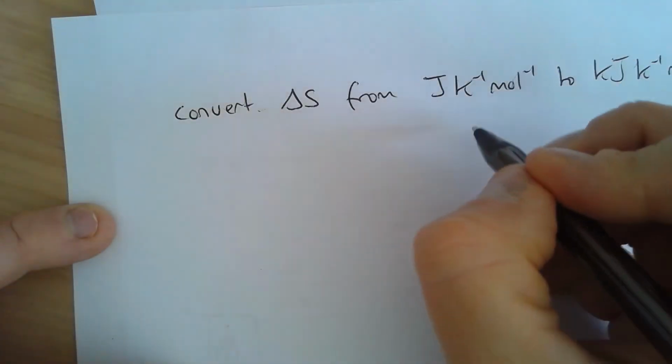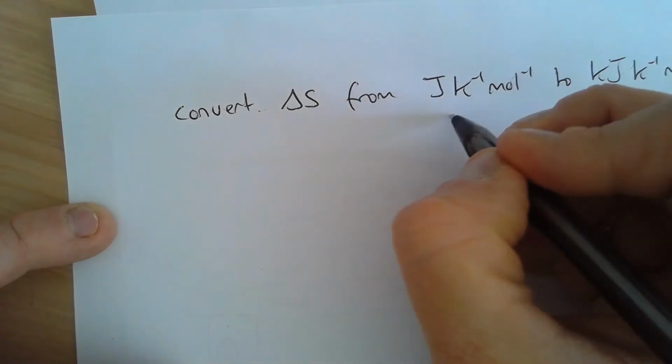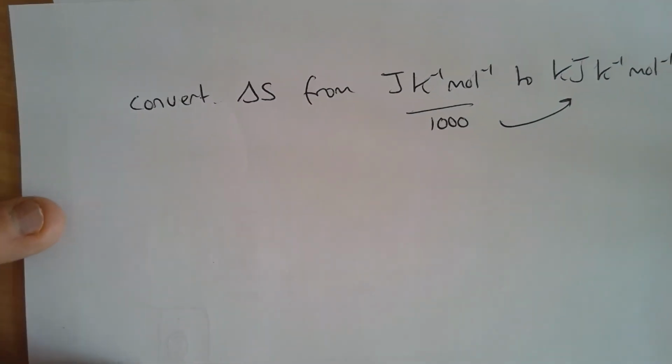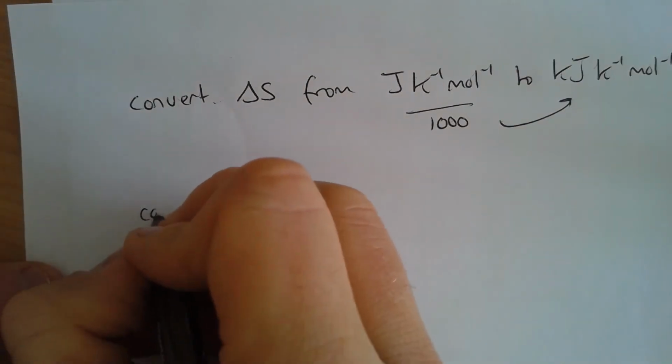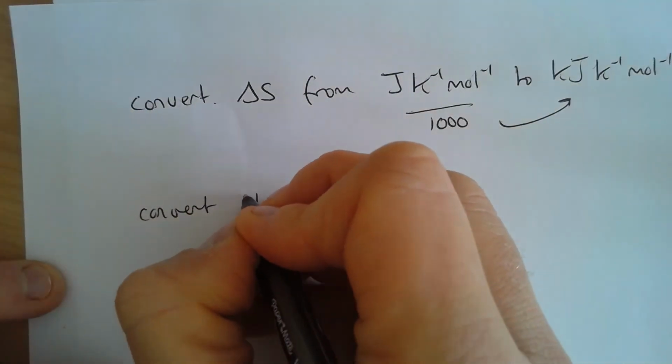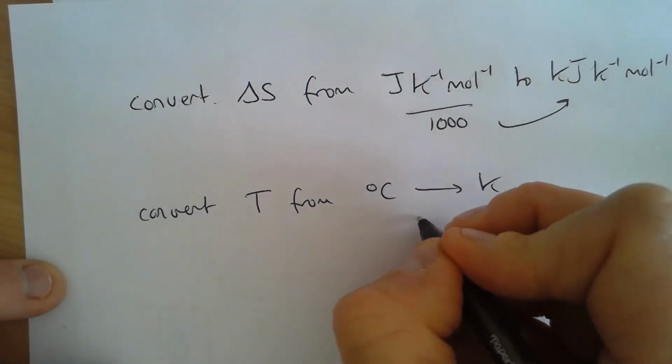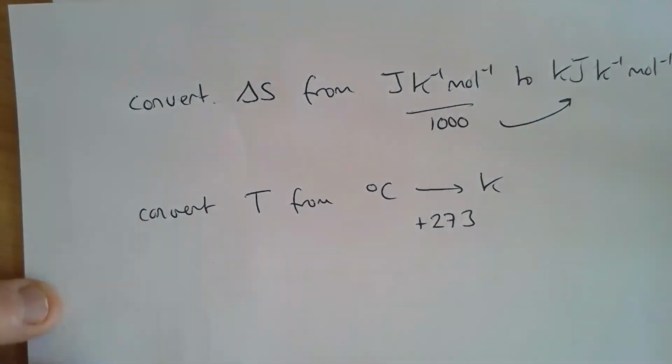So in order to do that, we'll need to divide that by 1000. We also need to be able to convert temperature from degrees Celsius to Kelvin, so we add 273.